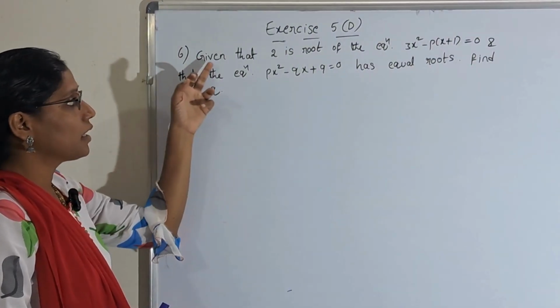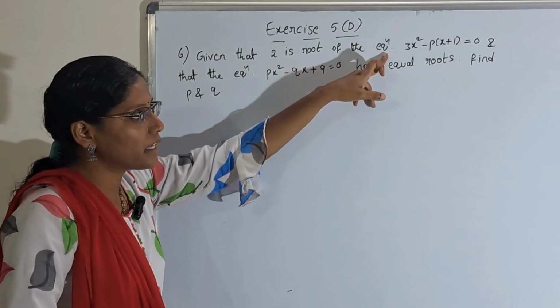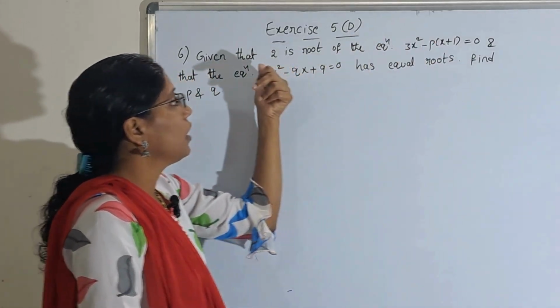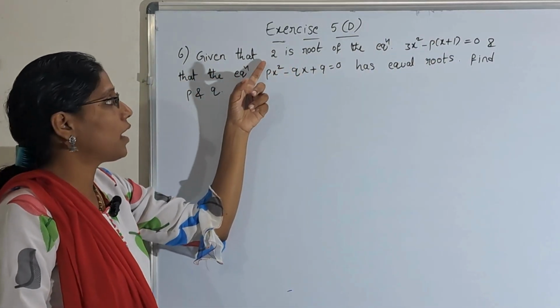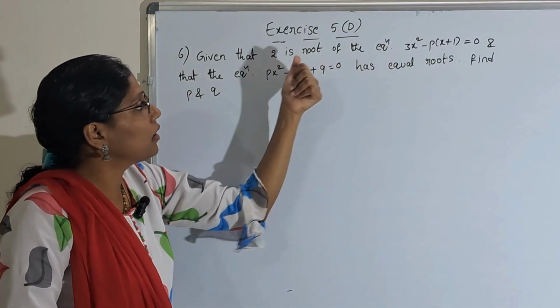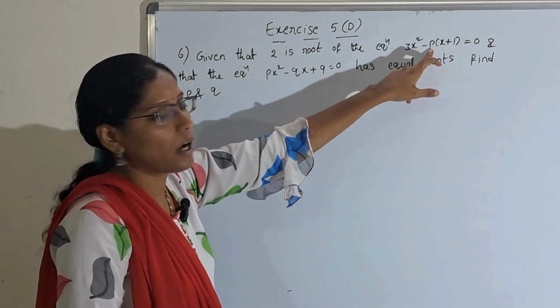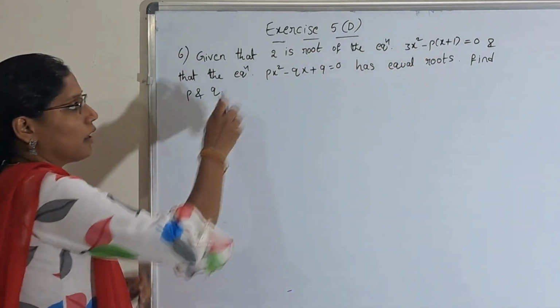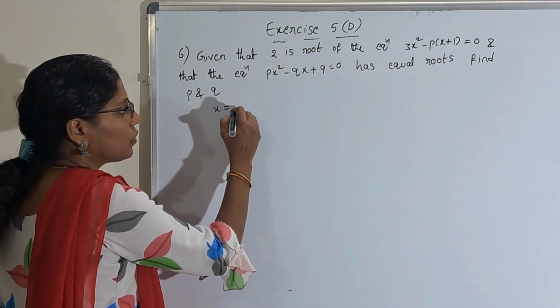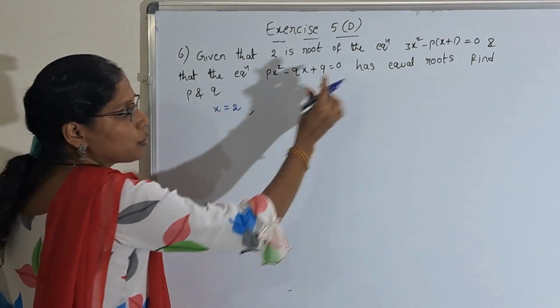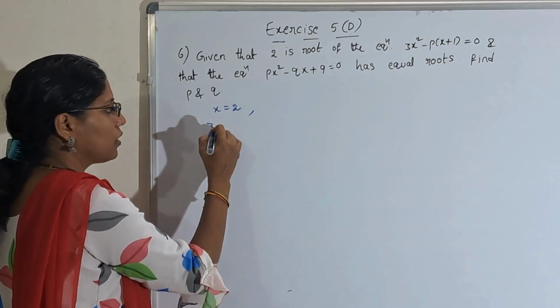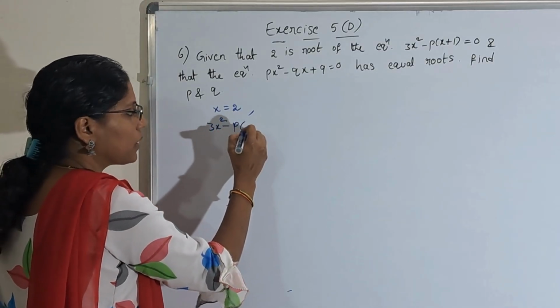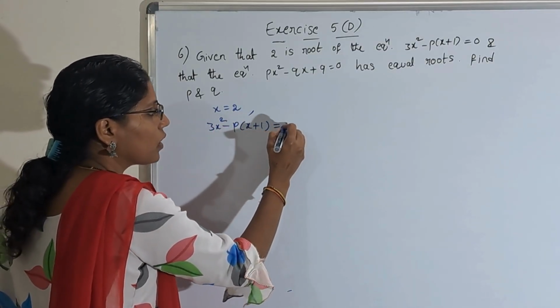Next, sixth one, given that 2 is a root of the equation. This equation has 2 roots. One root they have given, one more root is not given. The p value we have to find out first. Here x is equal to 2 they have given. Substitute in this equation: 3x square - p(x) + 1 = 0.